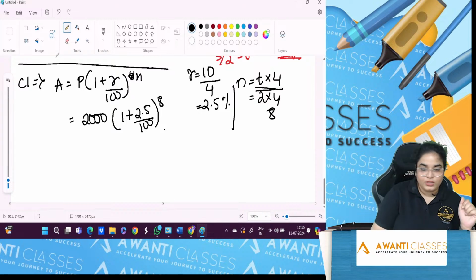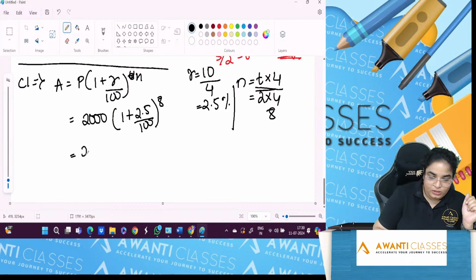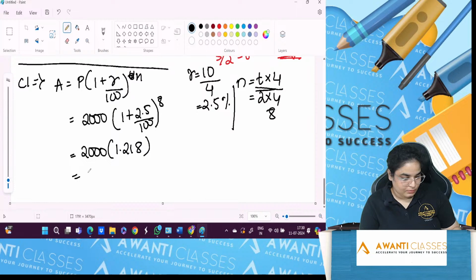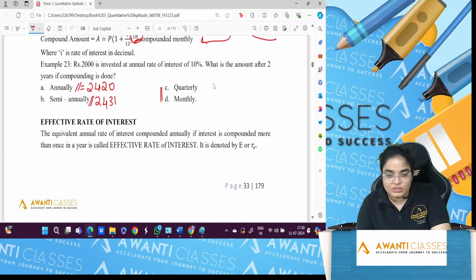So are we all getting 2000 into 1.218 approximately? It is 2436, everybody. So quarterly is 2436.